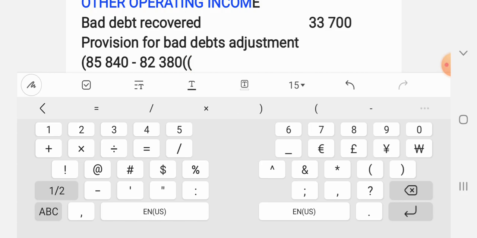We said 2,746,300, and we multiply it by 3 divided by 100, and that's how we got to 82,389, and here we get 3,451.